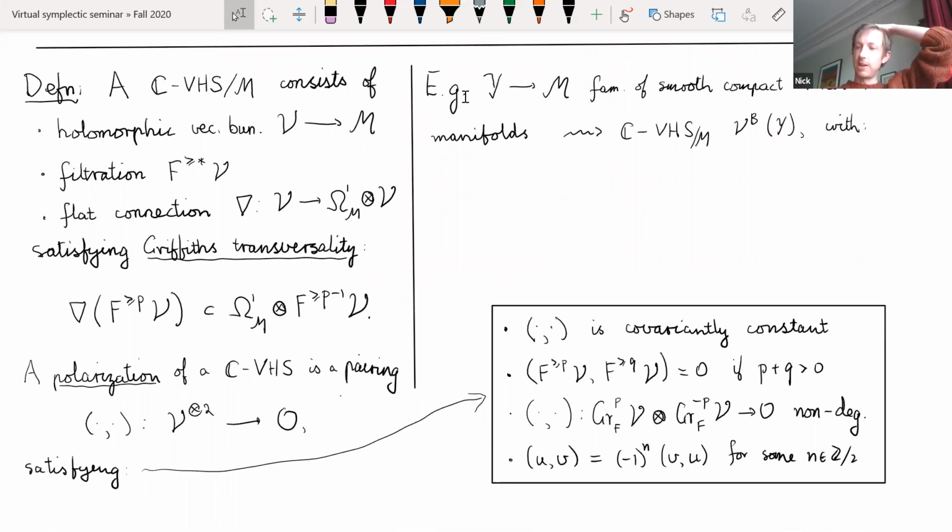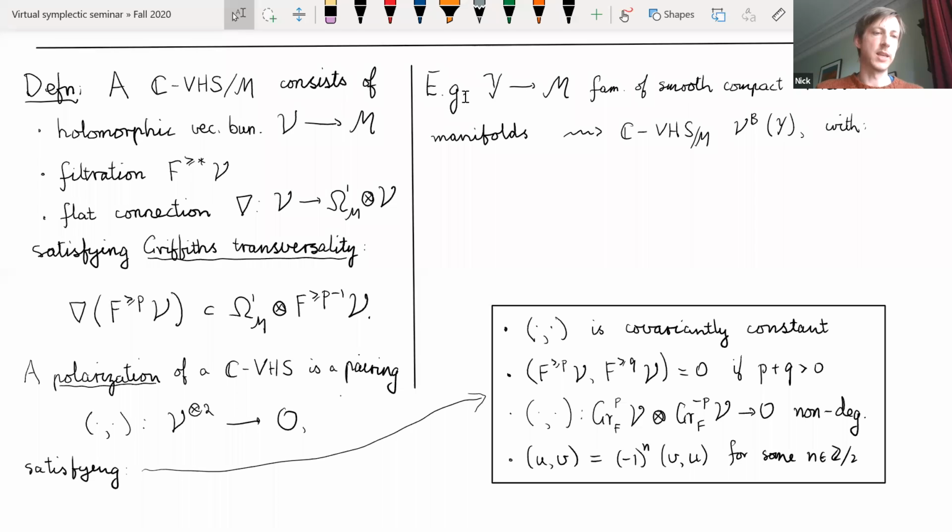So I'm going to start by introducing the notion of a complex variation of Hodge structures over a base M. Here M is a complex manifold, and a complex variation of Hodge structures consists of a holomorphic vector bundle V together with a filtration F and a flat connection nabla.